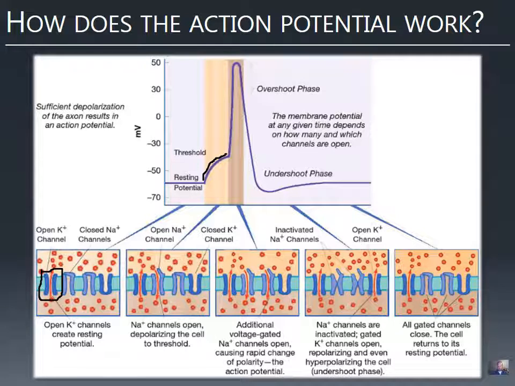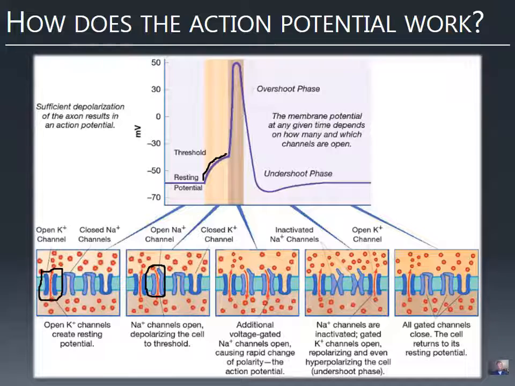Now, once it hits a certain threshold, once it gets depolarized enough, sodium channels start opening up. And of course, there's lots of sodium outside the neuron, and there's lots of these sodium channels. So as they start to open, sodium starts coming into the neuron. There's a lot of sodium outside, very little inside, so sodium comes rushing in. Well, that's going to make the membrane potential even more positive.